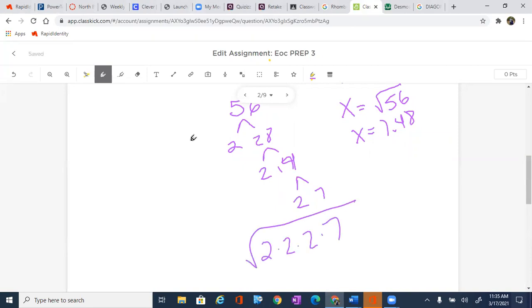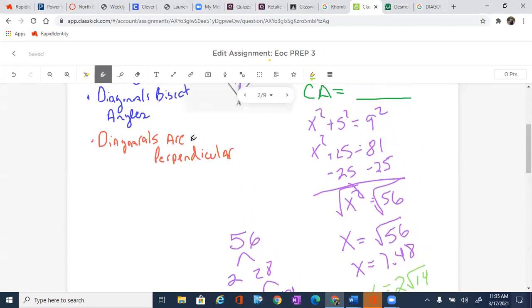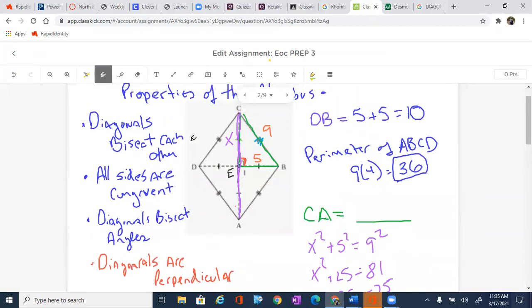Take the square root, and remember, when we're looking for the square root, we bring out the group of 2, and we get 2 times the square root of 14. We could write our answer as a simplified radical, 2 times the square root of 14. But that was not our question. So we could say x is equal to 7.48 or 2 times the square root of 14.